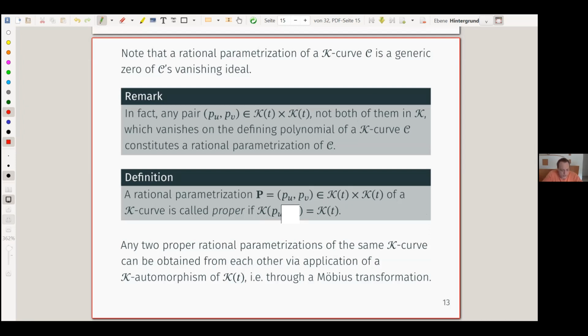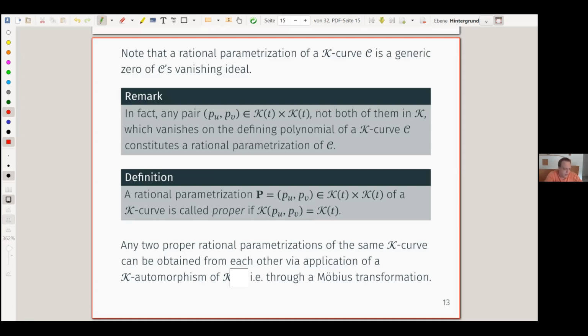And what do I know about proper rational parameterizations? That's something very important, actually. If we have a proper rational parameterization of a curve, it's first of all not unique. There are many of them, but they are all related via K-automorphisms of K(T), which are just Möbius transformations.